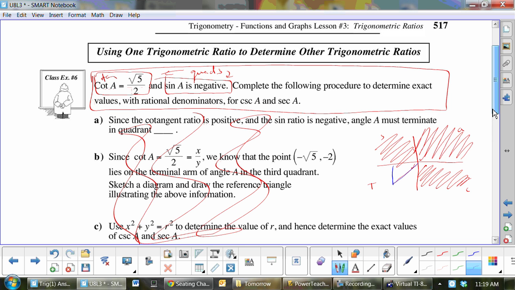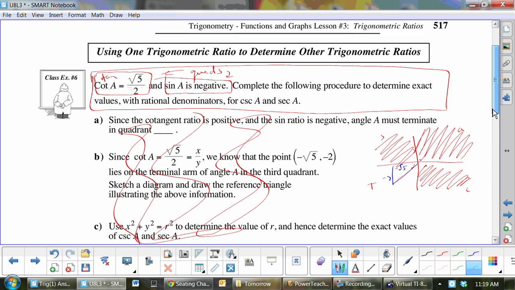No. It'd be impossible for there to be a root 5 in this quadrant. Negative. It's a negative root 5. Like, look where it is. What is the y value? What is it? Negative 2. See, that's why tan's positive, because when you divide the 2 out, the negatives cancel.